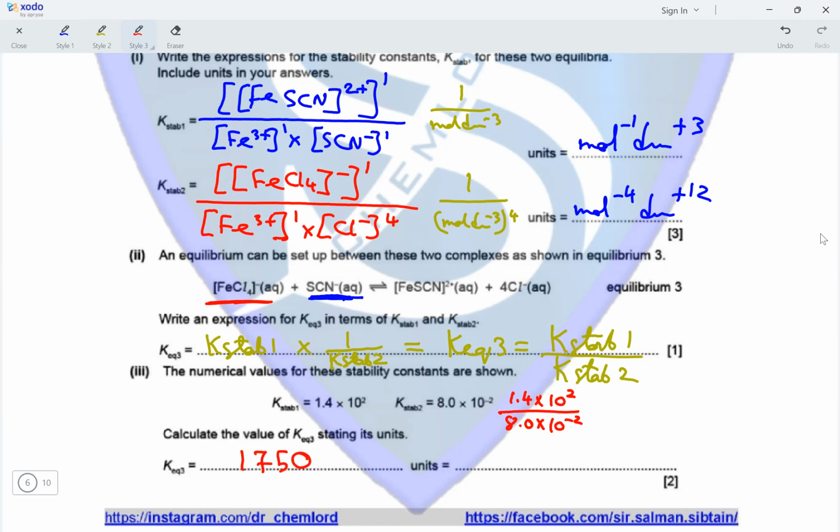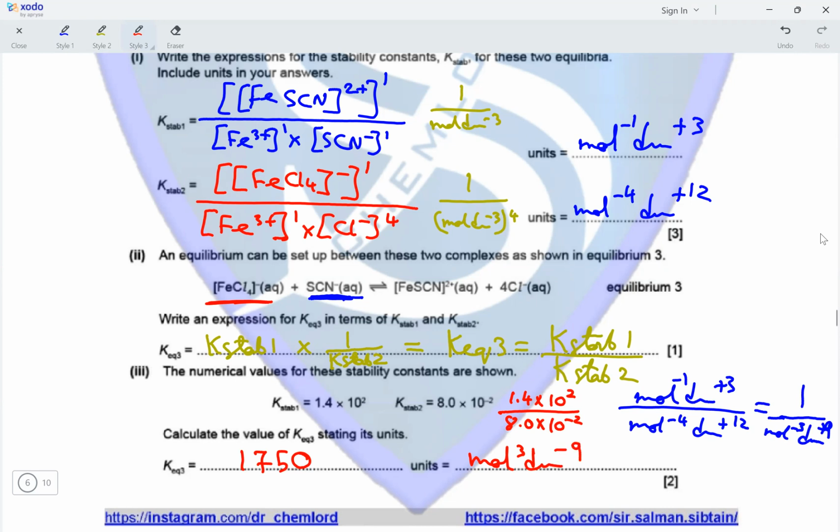And in order to calculate the units, we divide mol^-1 dm^3 by mol^-4 dm^12, and we are left with 1 upon mol^-3 dm^9. And when we bring this into the numerator side, these are converted into mol^3 dm^-9.